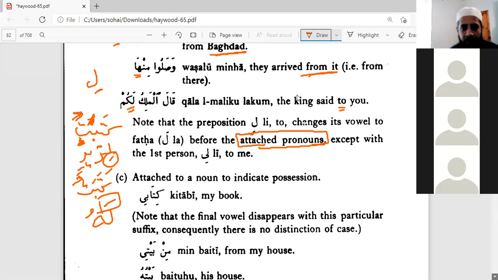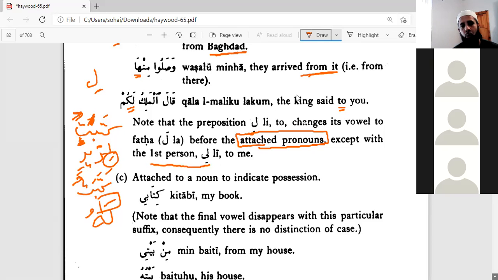Again, this is not really a grammar rule. It's more to do with convention and how to pronounce things, because the word changes to accommodate the attached pronouns. The exception is the first person, me.